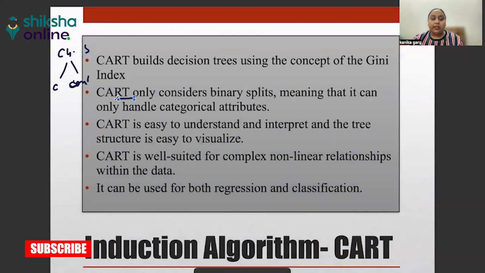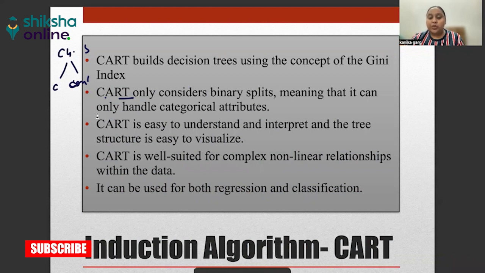Whereas CART can only consider the categorical attributes. Okay. Now, another point of difference is that C4.5 works on information gain, whereas CART works on the impurity percentage, or say the impurity ratio, right?